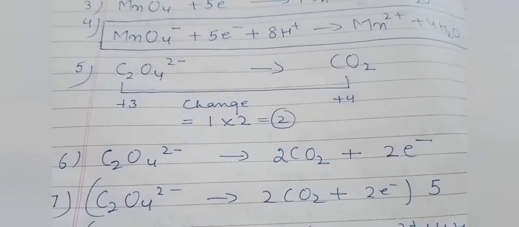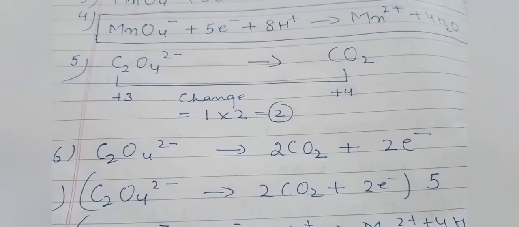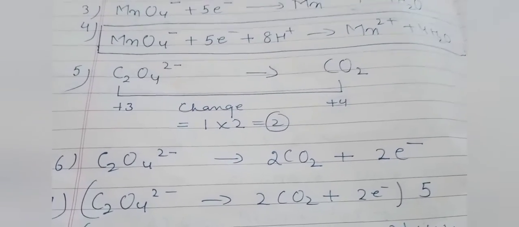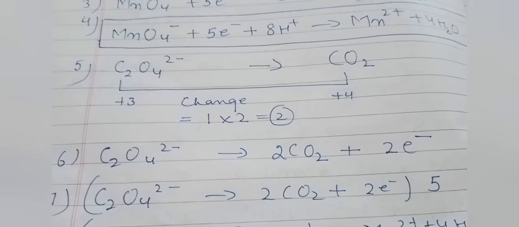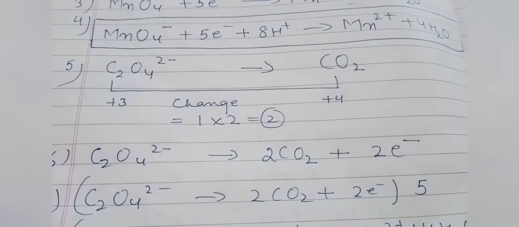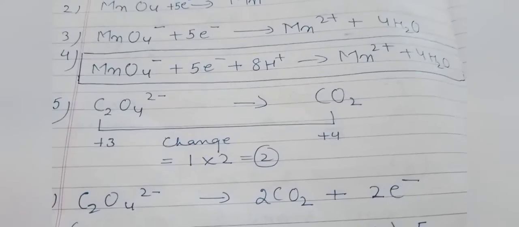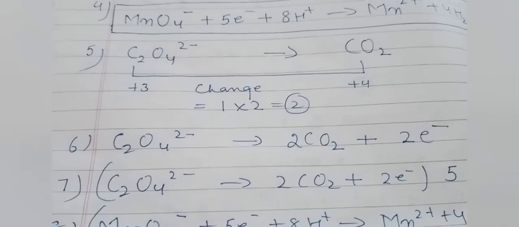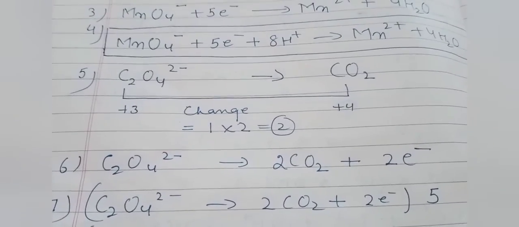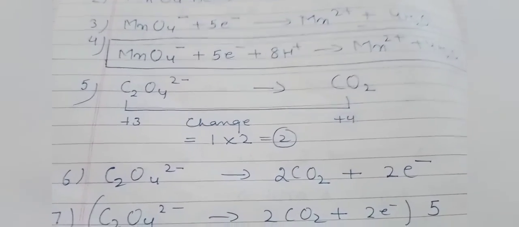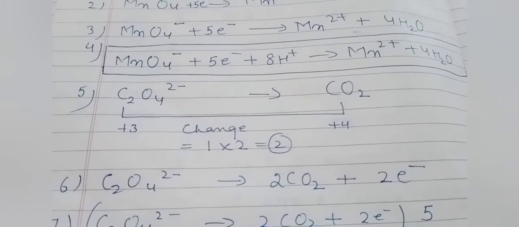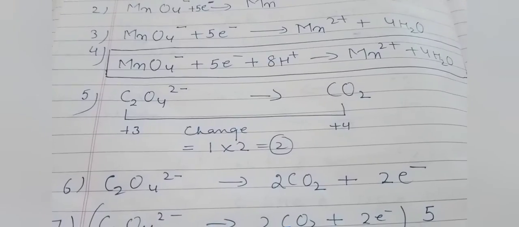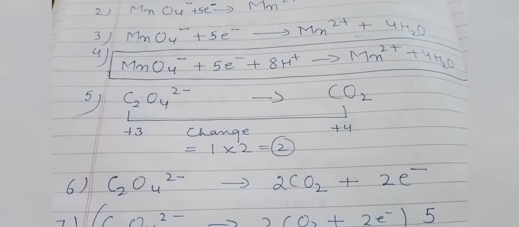Now in a redox reaction we have to balance the number of electrons released. It should be equal to the number of electrons used. You can see in equation number 4 we have used 5 electrons, but in equation number 6 we see that 2 electrons are produced. Therefore we have to multiply equation 6 by 5 and equation 4 by 2.